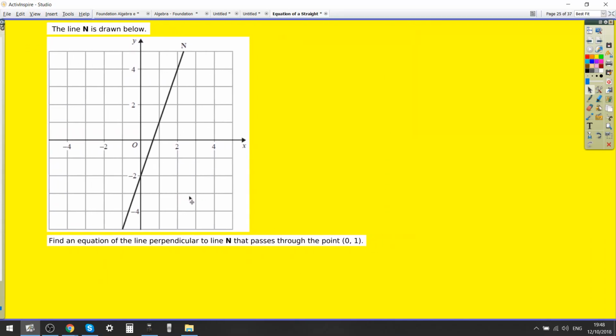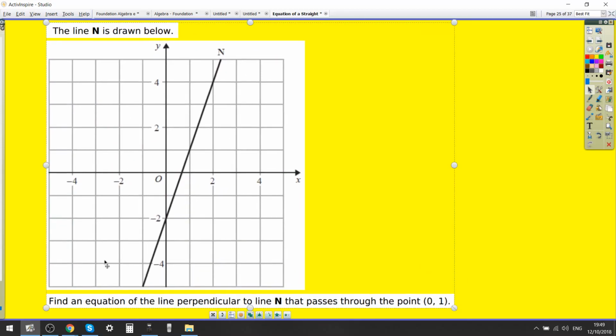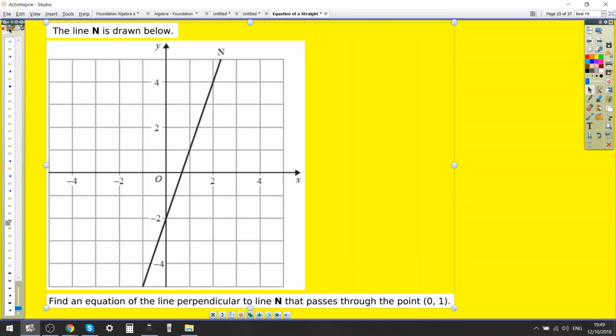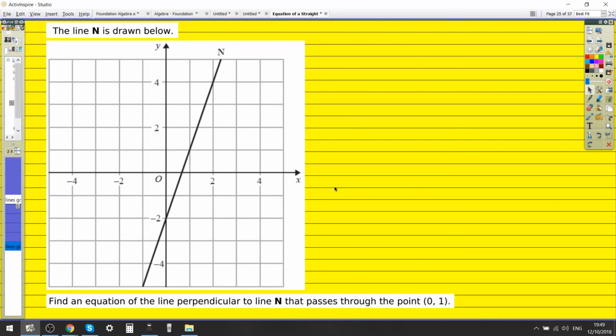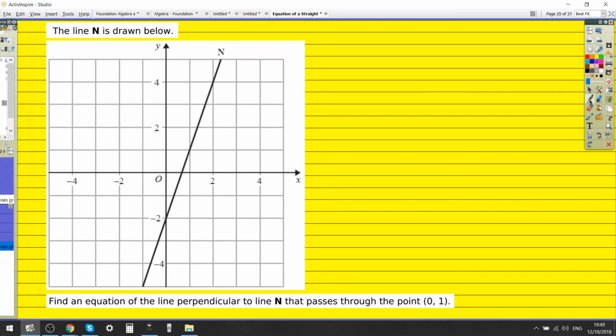And if it's perpendicular, any idea what happens with the gradients? I forgot what the word was.